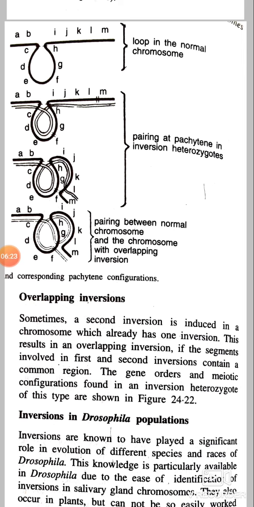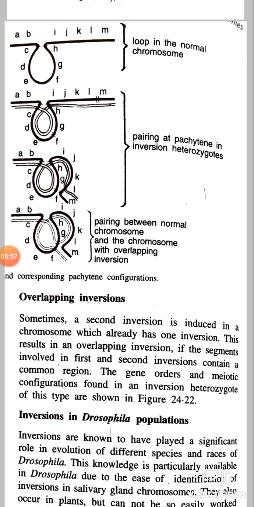Earlier, in the chapter on structural chromosome changes, we discussed deficiencies, which means the deletion of any part of a chromosome; then duplication, which means an extra part is added in the chromosome; translocation, where parts of chromosomes are moved to other positions; and finally the inversion, where parts are reversely arranged.